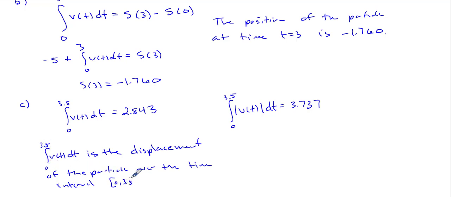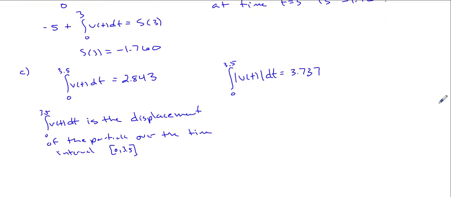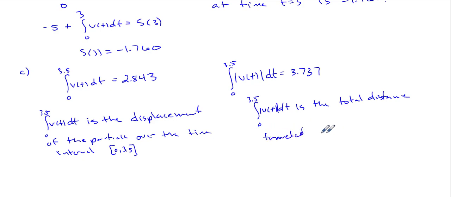Now, the absolute value integral, from 0 to 3.5 of absolute value v of t dt, is the total distance traveled by the particle over the time interval, inclusive 0 to 3.5.